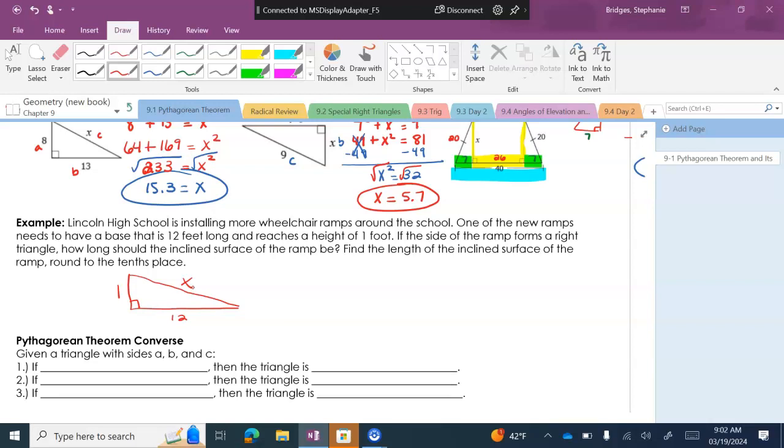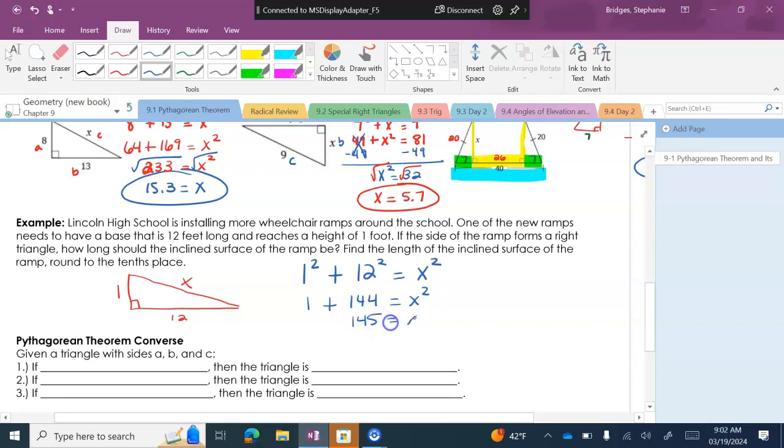Which one of those is my hypotenuse? X, okay. So we're going to go 1 squared plus 12 squared equals x squared. What is 1 squared? And 12 squared is? 1 plus 144 is 145.